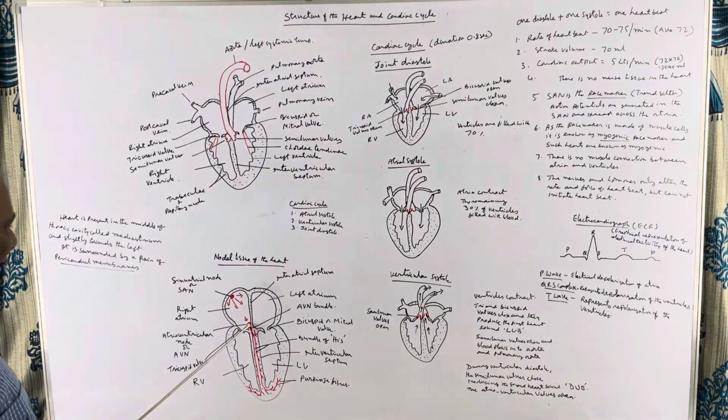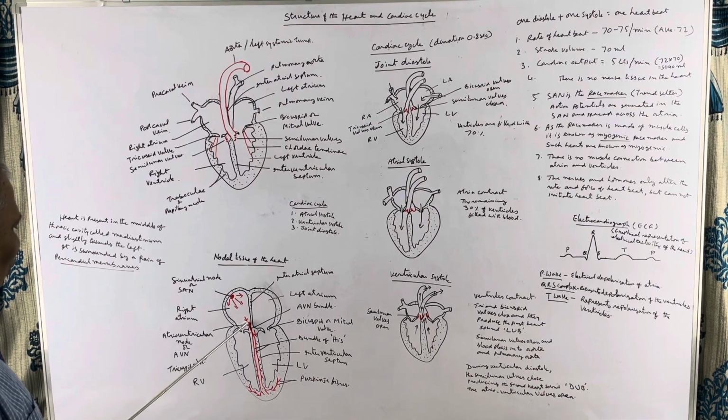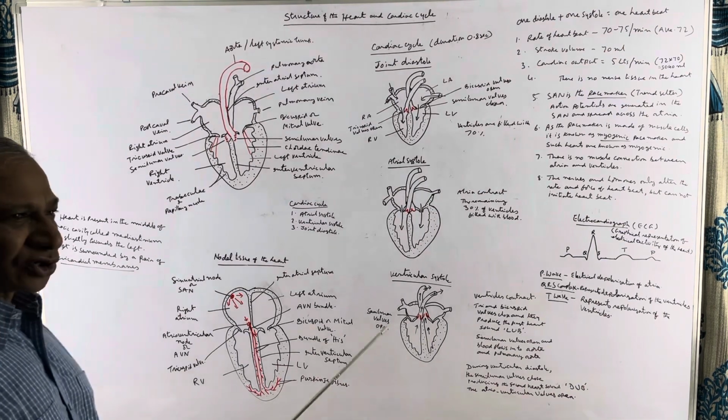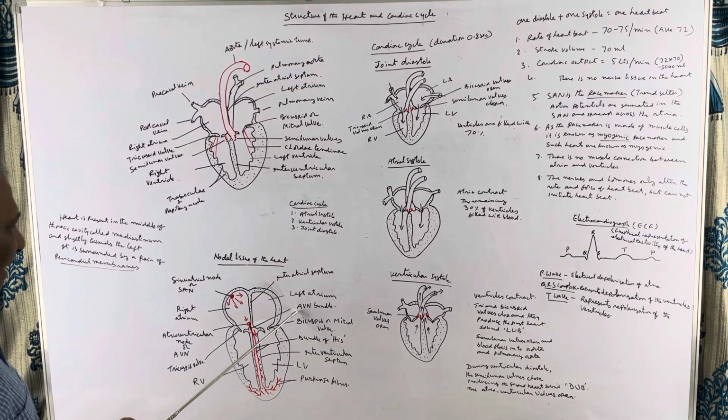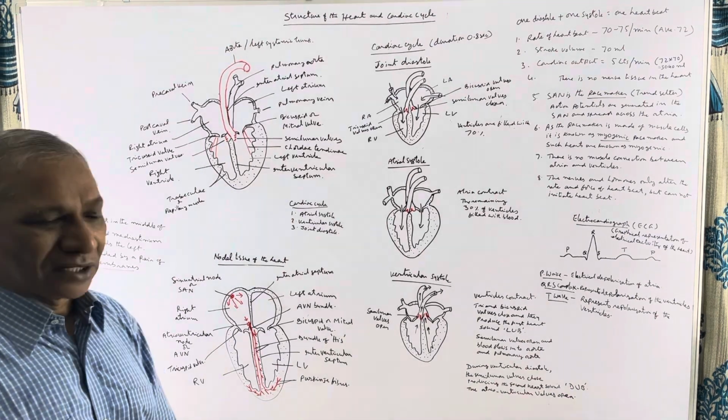Then on the lower left corner of the right atrium, there is another node known as atrioventricular node. The atrioventricular node gives rise to a bundle of fibers known as AVN bundle or atrioventricular nodal bundle.